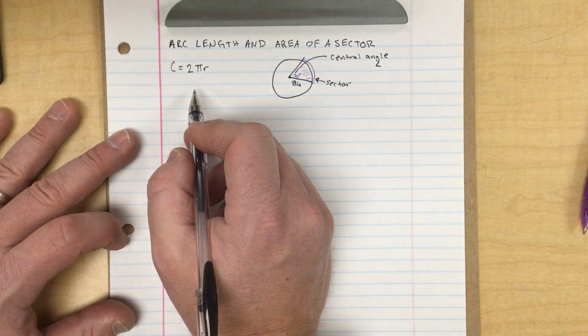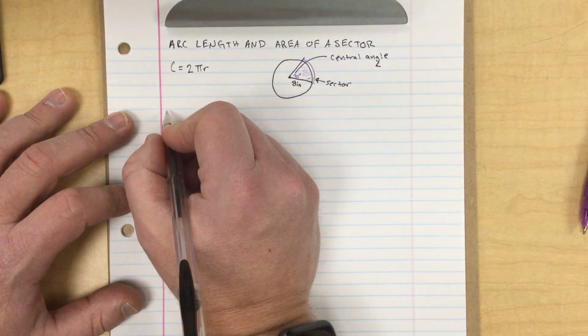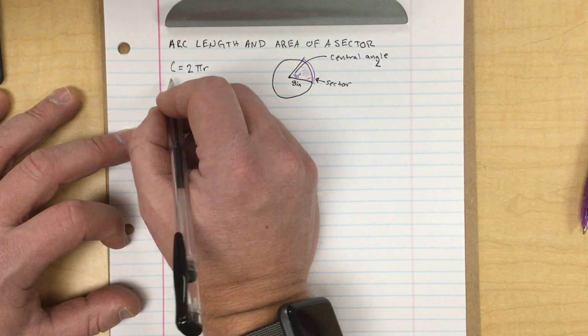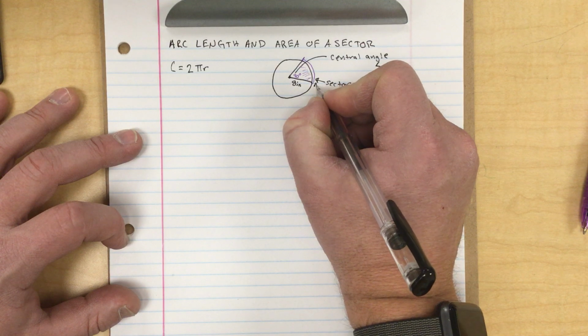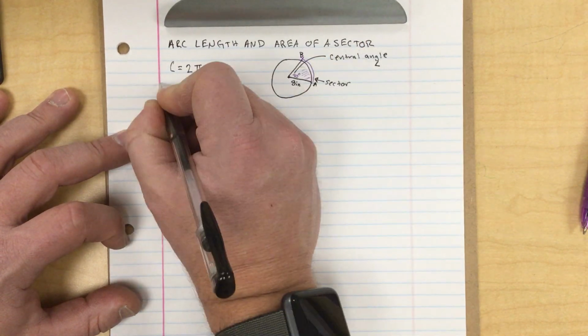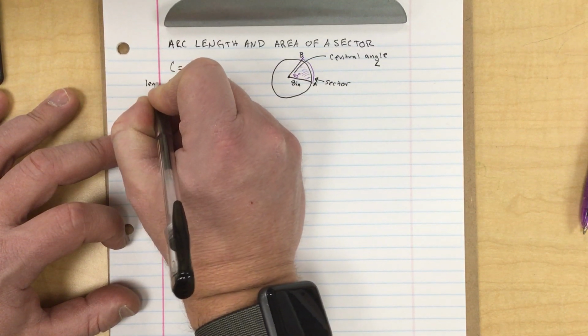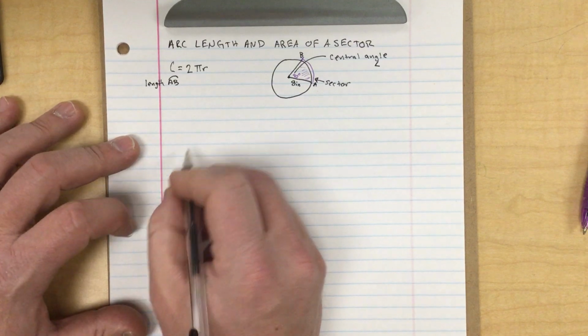So circumference is 2 pi r. But the arc length, we're going to call this point A, call this point B, and so we'll use length AB to signify this.